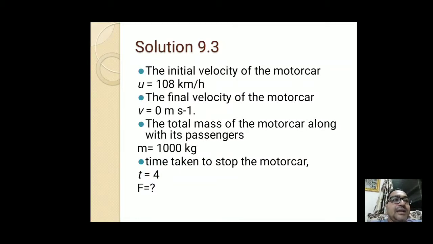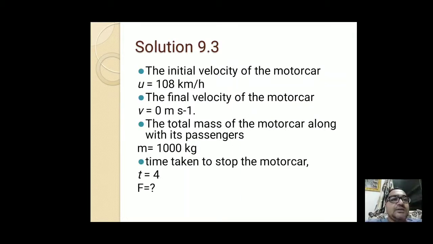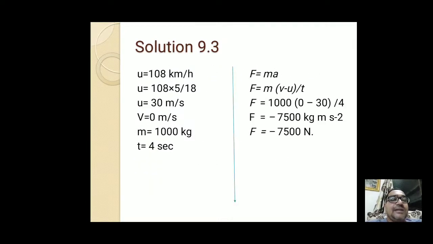So let's calculate this. Students, you can see here that two velocities are there. One is the initial velocity, given in kilometer per hour, and the second, the final velocity, will become 0, given in meter per second. So we have to convert the initial velocity into SI unit. Let's first convert: u equal to 108 km per hour is given.